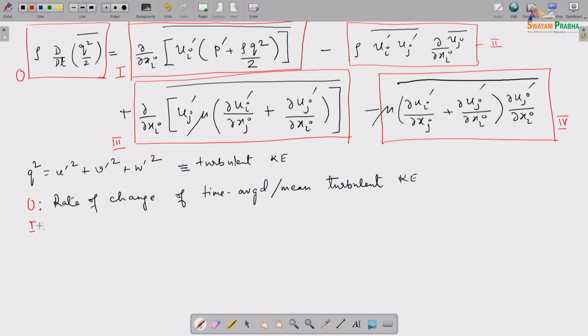So the next one is 1, and what is that? It is the convective diffusion of turbulent energy.